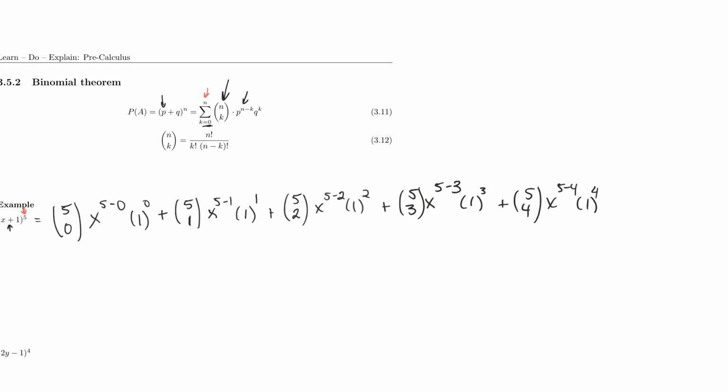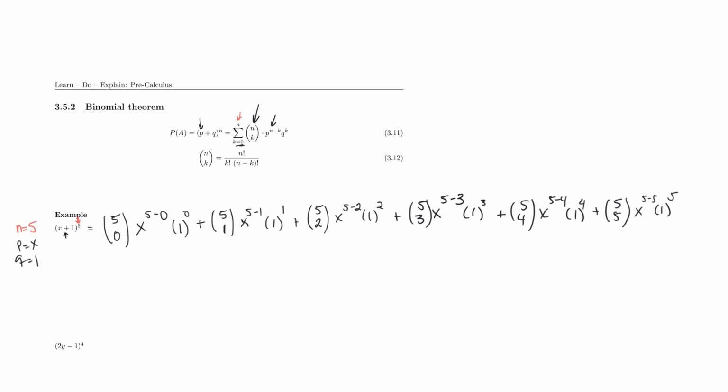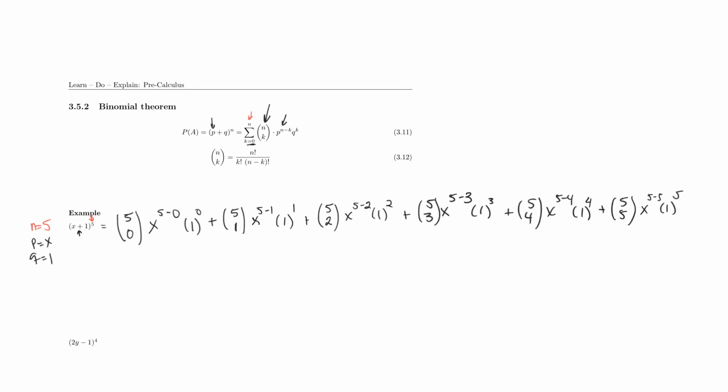And the final term is 5 choose 5, x to the 5 minus 5, 1 to the power of 5. Okay, so this is our expansion. But you may notice that this is not a number, right? But now we have this formula to solve for each combination.